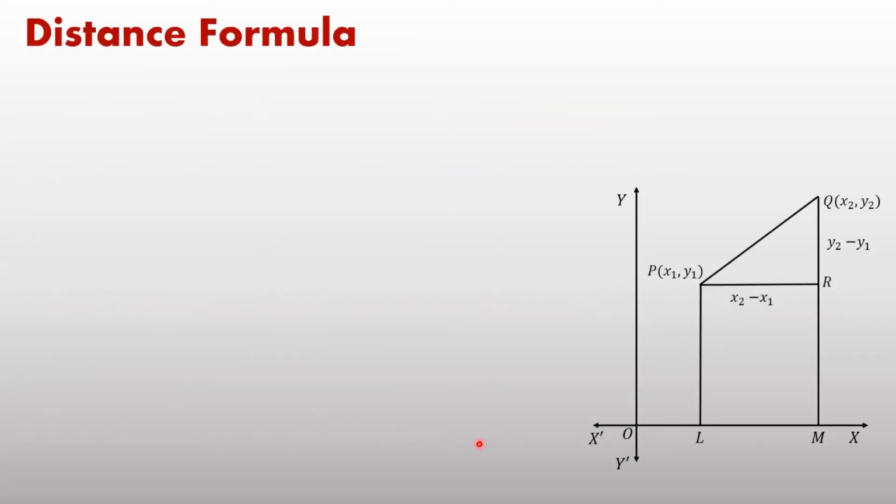Here first formula, distance formula. On plane draw two axes, x-axis and y-axis. Mention here 2 points on coordinate plane, I have taken as P and Q. Coordinates of point P is taken as (x1, y1). Coordinates of point Q as (x2, y2).